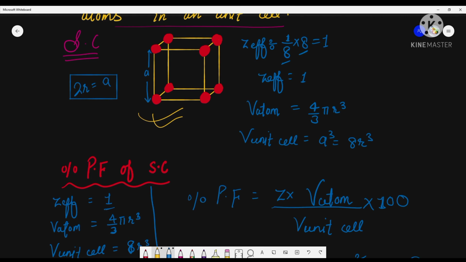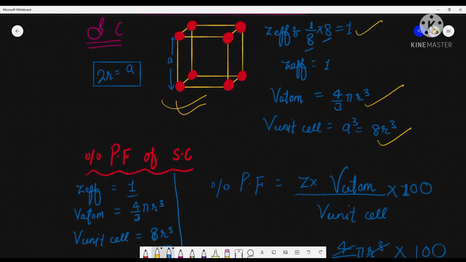We have seen Z effective equal to 1, and volume of atom 4 by 3 pi r cube, because the atom is spherical in shape. The volume of unit cell is 8r cube because it is cubical in shape, and we knew the relation between a and r, meaning edge length and radius, that 2r equals a.